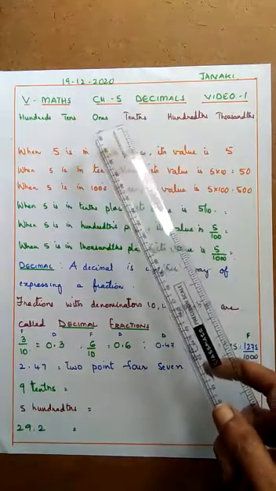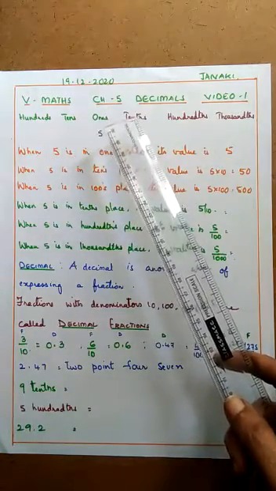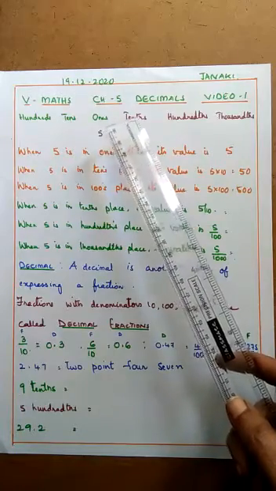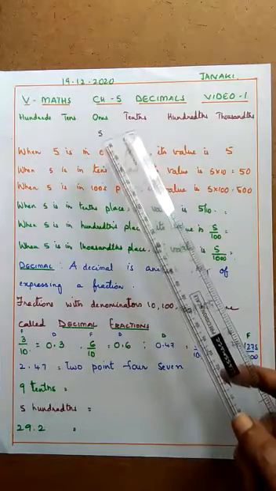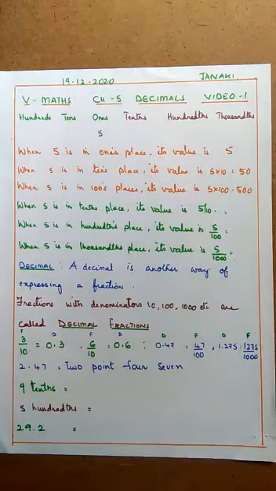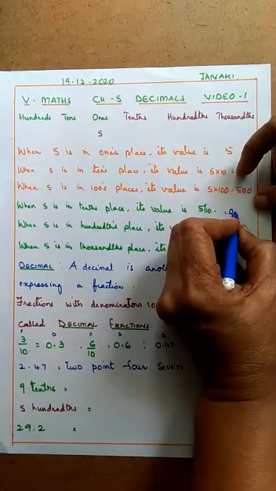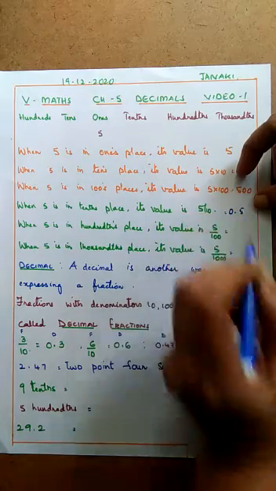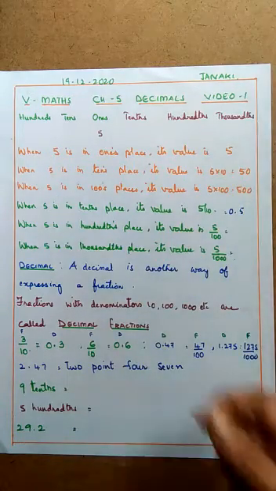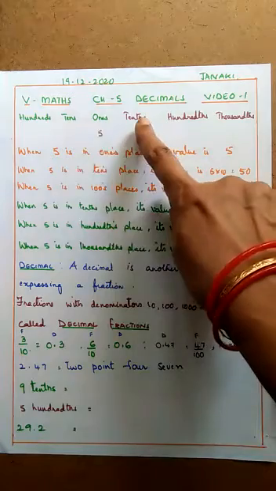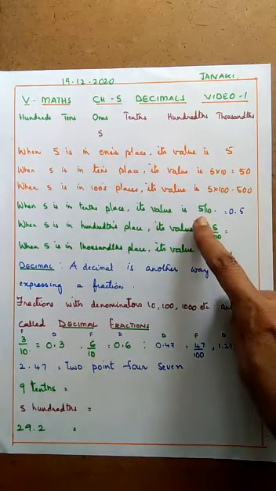So, what is the place value here? Its place value is tenths, 5 tenth. That means 5 by 10. This we write in the form of a decimal, writing it as 0.5. So when 5 is in tenths place, its value is 5 by 10.